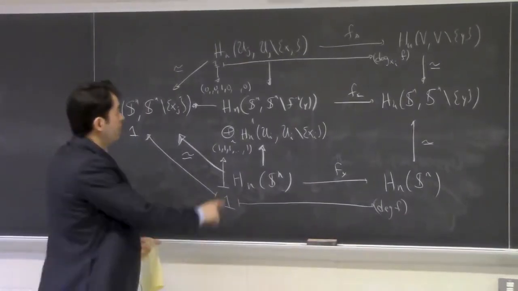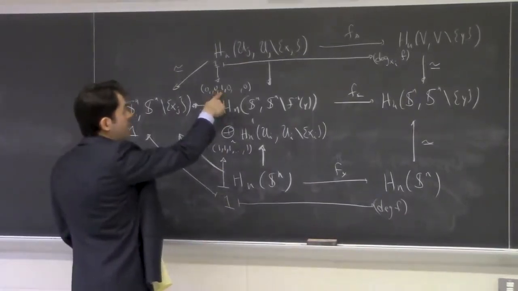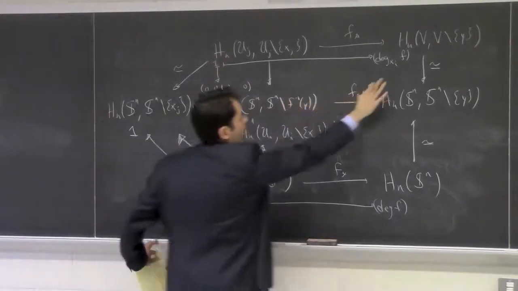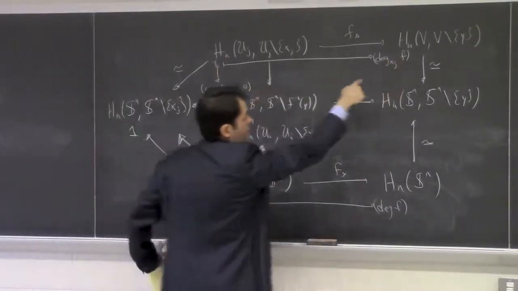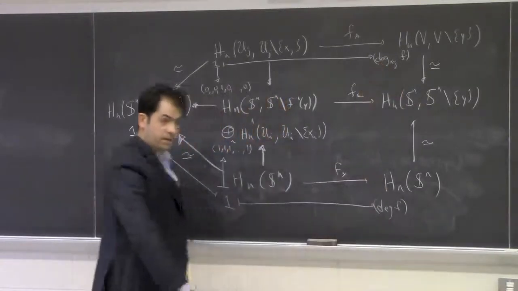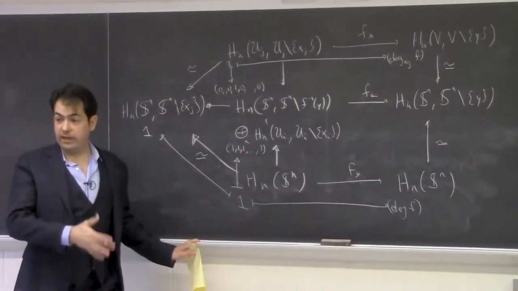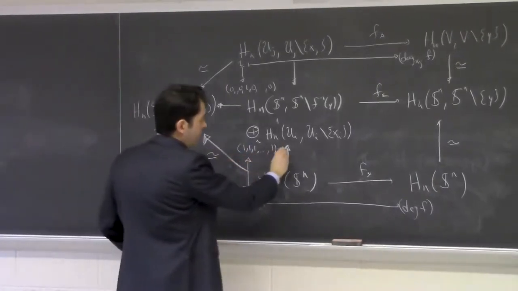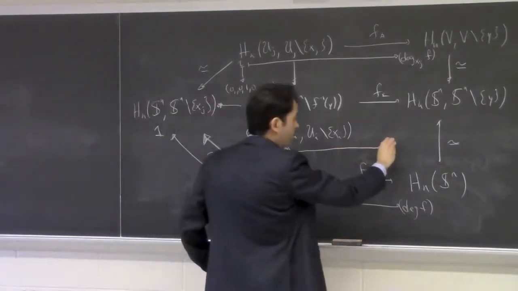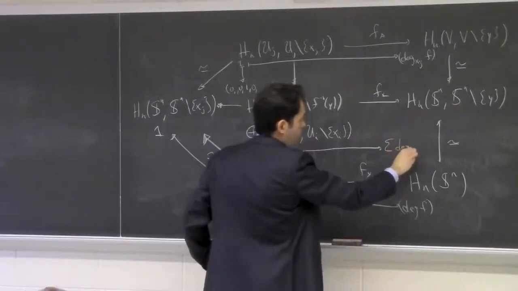Which means that a 1 in the jth factor, sorry, this is x_j, would get sent to multiplication by the local degree at x_j. So if you have 1 in every factor, this gets sent to the sum of the local degrees.